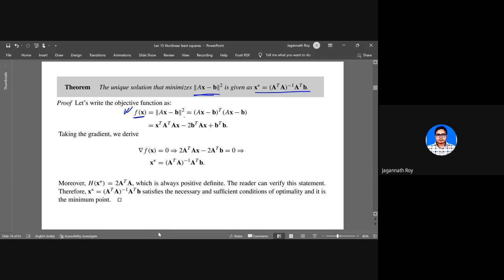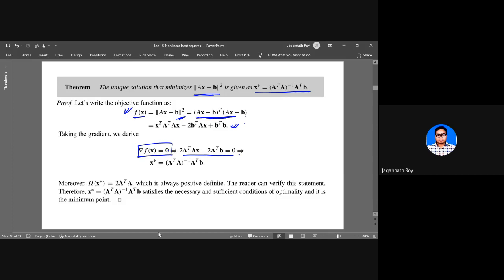So this is a matrix norm squared, which is nothing but the transpose of this one times itself. If you multiply and simplify it, now you take the gradient of this function and make it 0, for the first order necessary condition. So if you take this gradient, it becomes of this form.